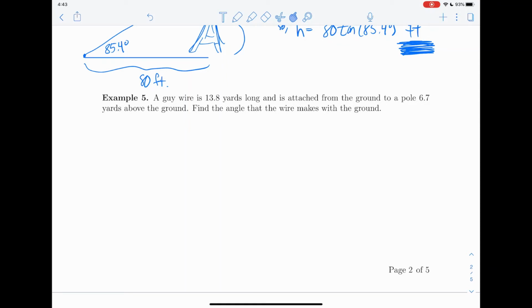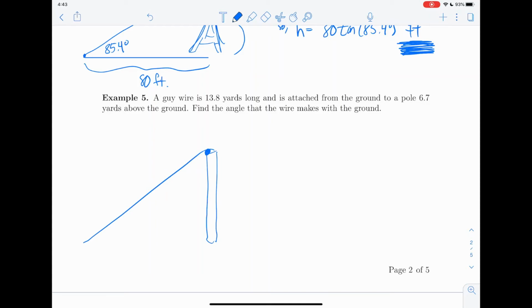Here we have a guy wire that is 13.8 yards long, and it's attached from the ground to a pole. So a guy wire is, for example, this might be our pole all the way over here on the right. A guy wire is some sort of a very strong cable that's attached to the top of some sort of a pole structure and gets connected all the way down to the ground.